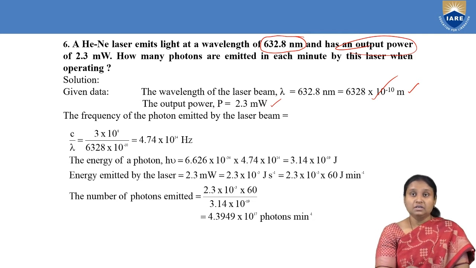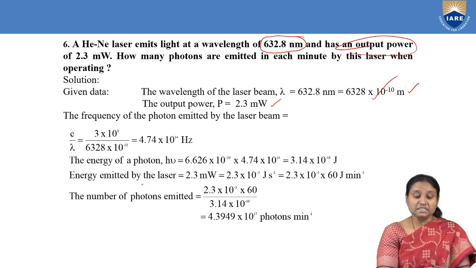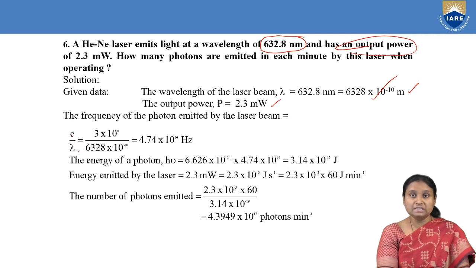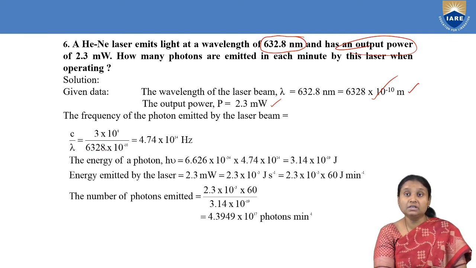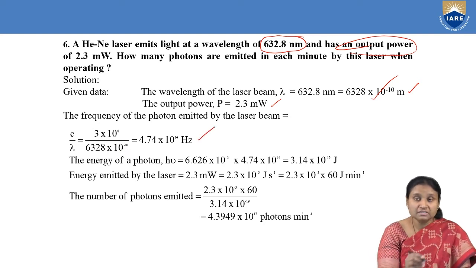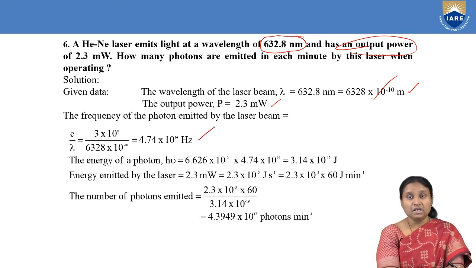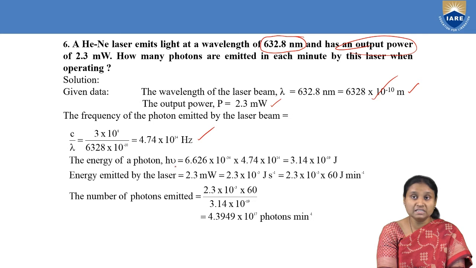We know that frequency is given as the ratio of velocity by wavelength: 3 into 10 power of 8 meters per second divided by the wavelength, which we have converted into meters as 6328 into 10 power of minus 10 meters. If we simplify, this is the expression for frequency. Once we know the frequency, it is easy to find the energy of the photon, because the energy of a photon is given as h nu.